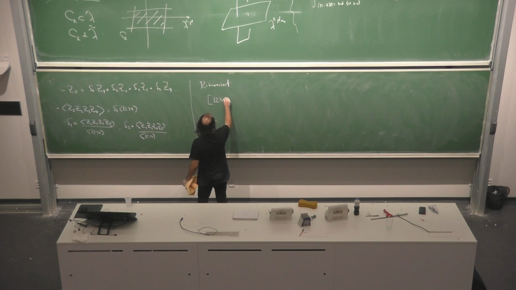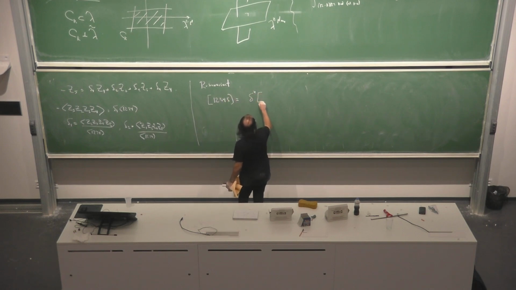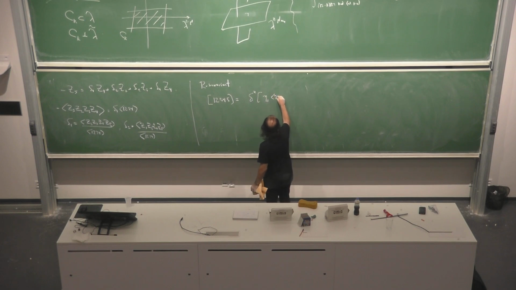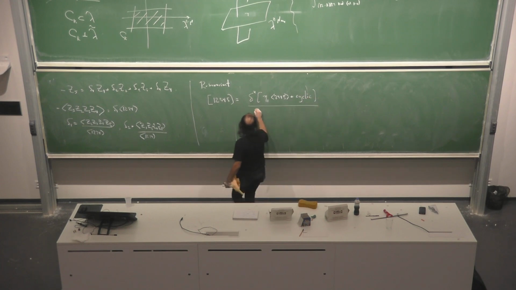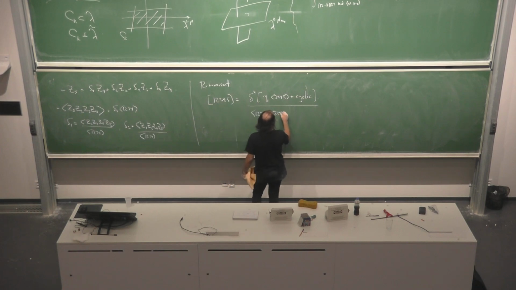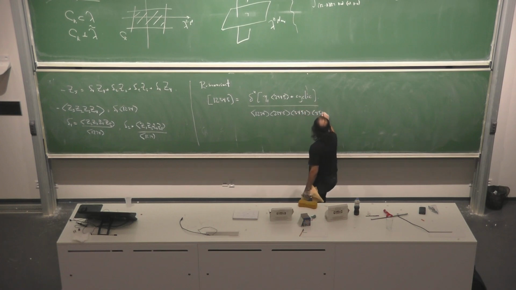Sometimes written as a bracket like this, it is equal to delta 4 of eta 1, 2, 3, 4, 5 plus cyclic, divided by the brackets 1, 2, 3, 4, 2, 3, 4, 5, 3, 4, 5, 1, 4, 5, 1, 2, 5, 1, 2, 3.